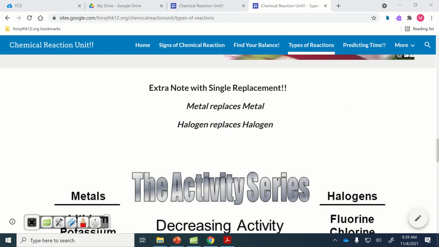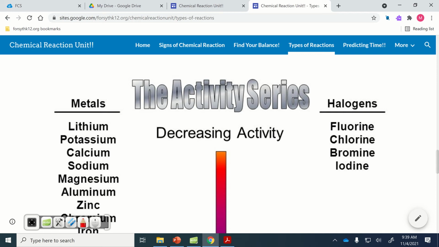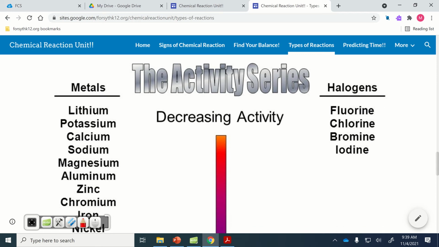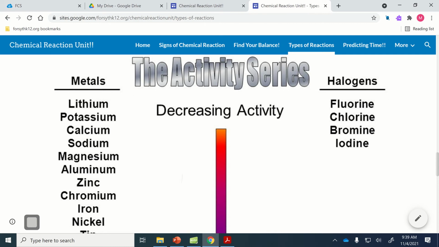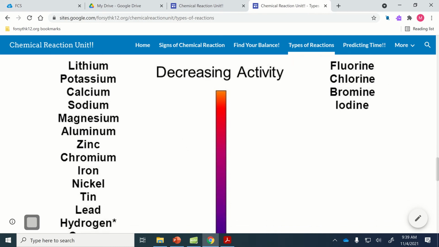Now, I just want to mention it, but we're not necessarily using it too much. Not every element is strong enough to kick out another element, it turns out. And so we have what's called the activity series. This is a chart showing you that as you go down this list, the metal gets weaker and weaker. What that means is elements above can kick out any element below it.